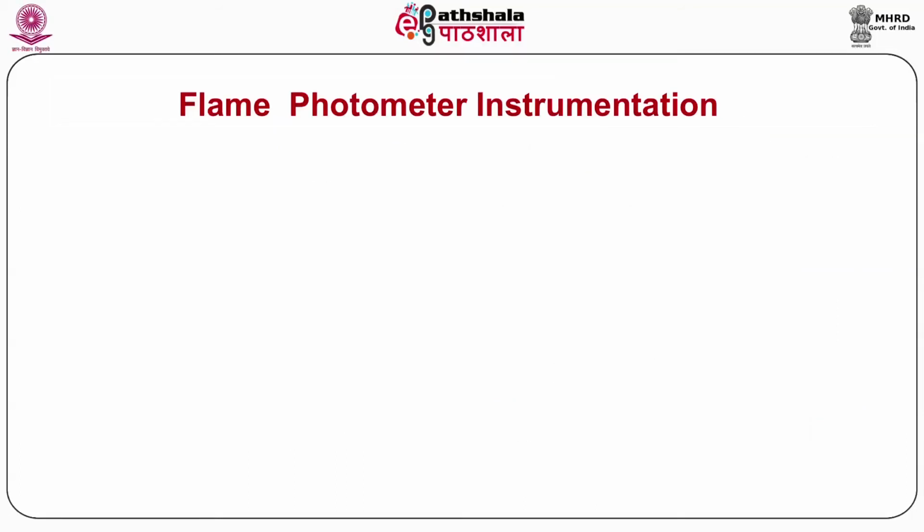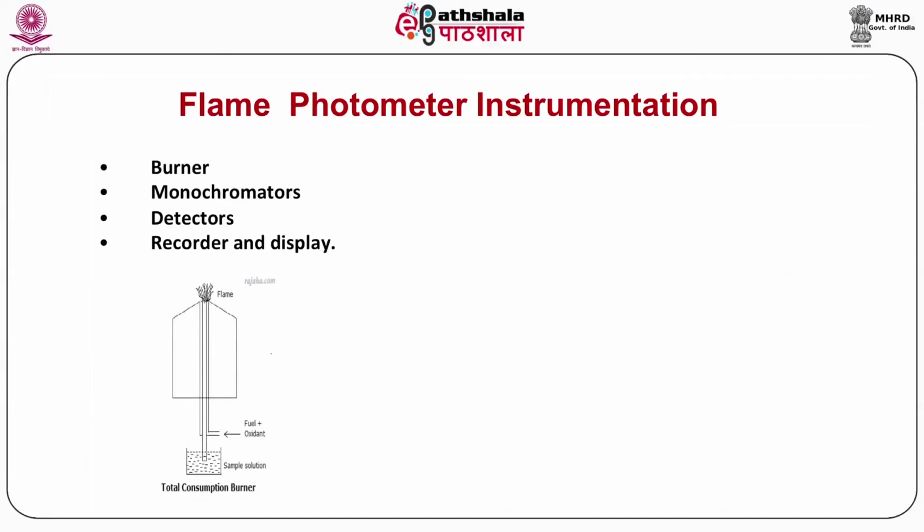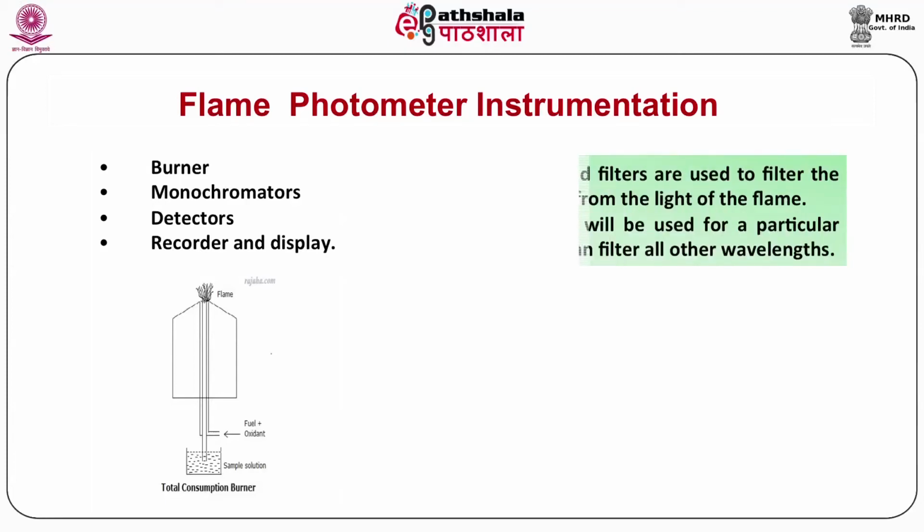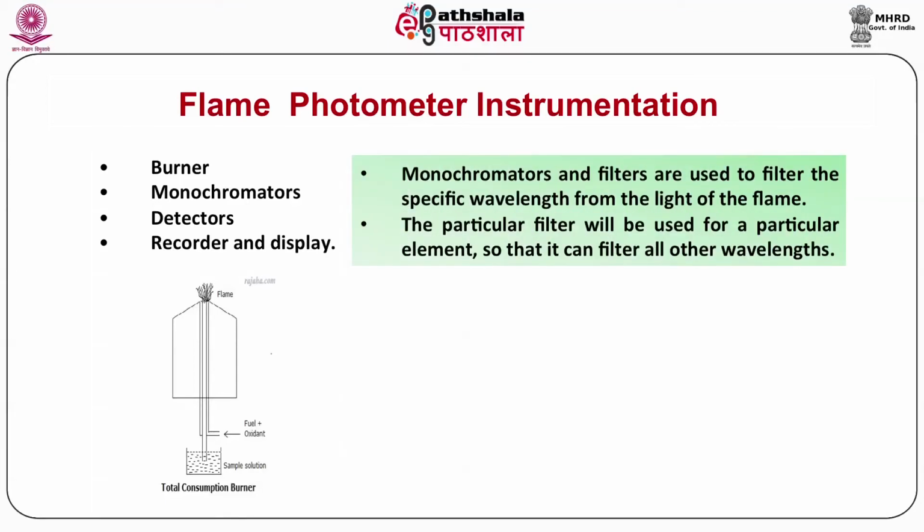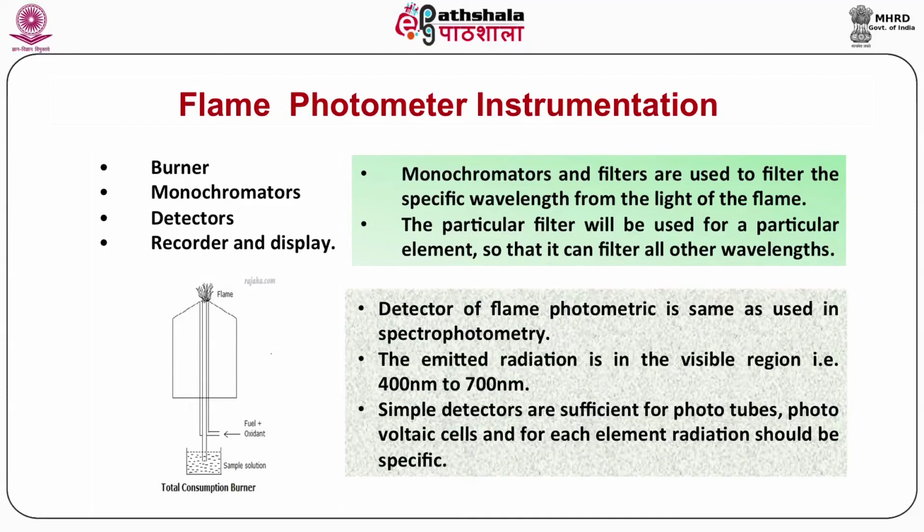Now we discuss flame photometer instrumentation. It has mainly four components: the burner, the monochromator, the detector, and the recorder and display. The monochromator and filters are used to filter the specific wavelength from the light of the flame. A particular filter is used for a particular element, so it can filter out all other wavelengths. The detector of the flame photometer is the same as that used in spectrophotometry.